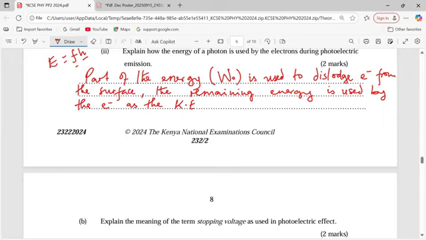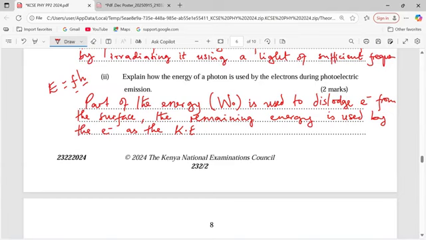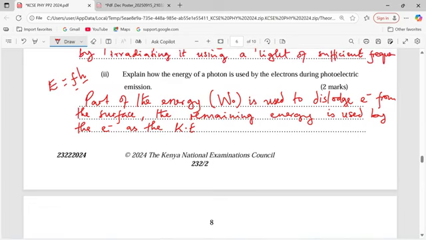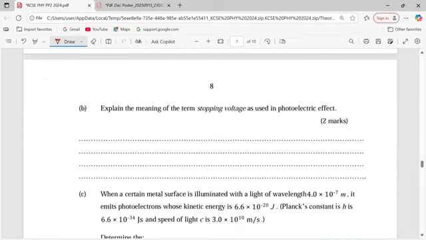Therefore, the electrons are able to flow from the metal surface, because apart from the photon having energy enough to dislodge electrons, there remains extra energy, which becomes kinetic energy to enable the electrons to flow.